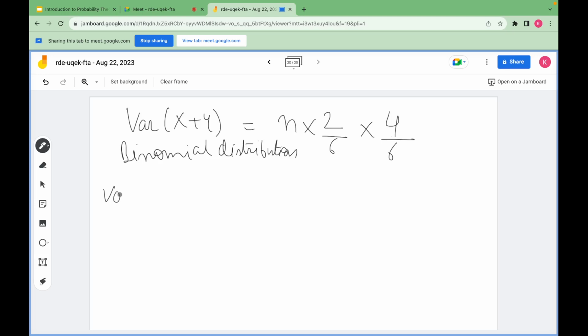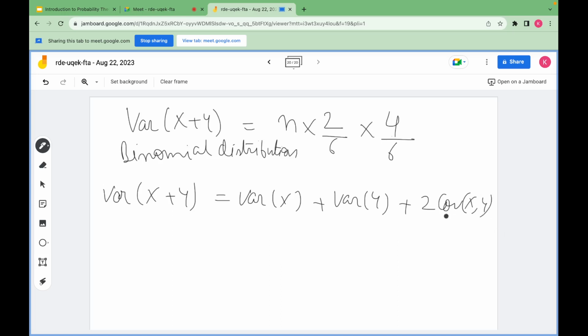It is also known that variance of x plus y is variance of x plus variance of y plus 2 into covariance of x comma y. So we know this is n into 2 by 6 into 4 by 6.